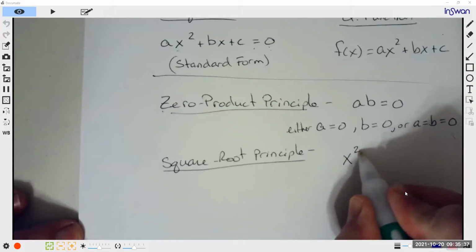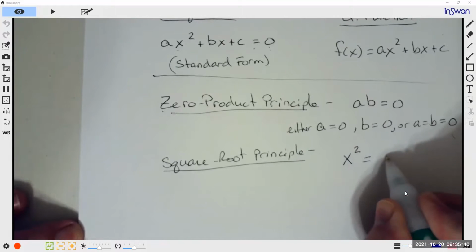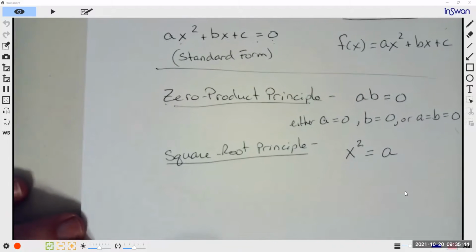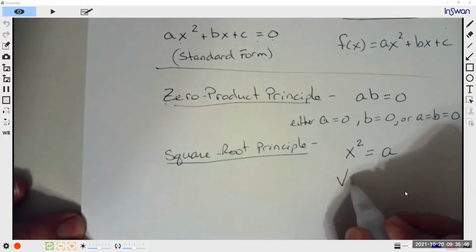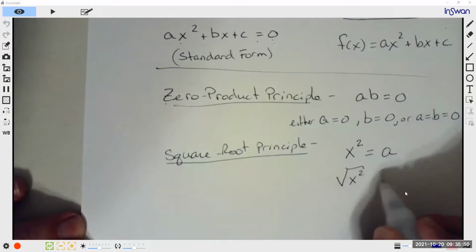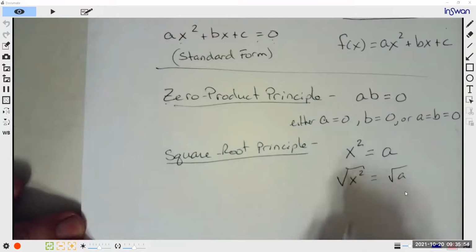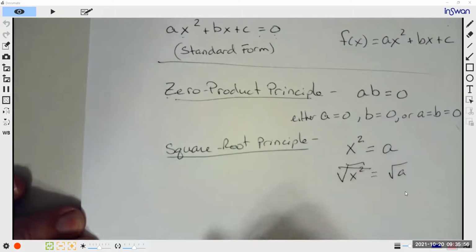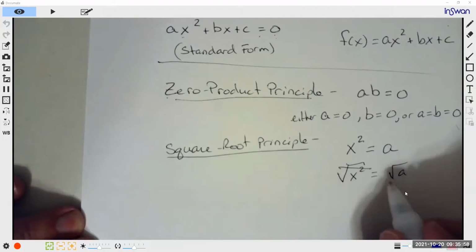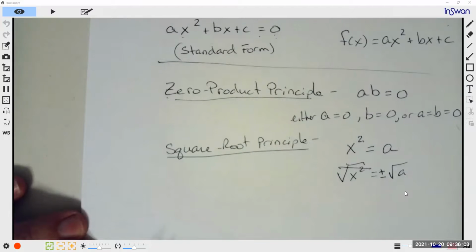If you have a variable x squared equals some number a, when you square root the x squared and you square root the a, the square and the square root cancel, and it equals a positive or a negative square root of a.